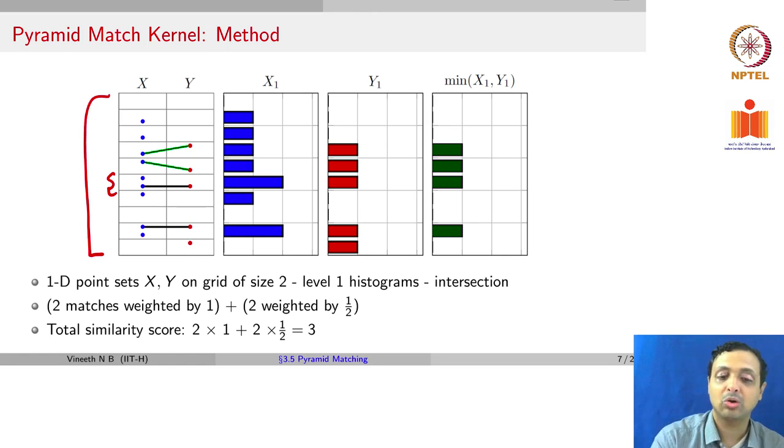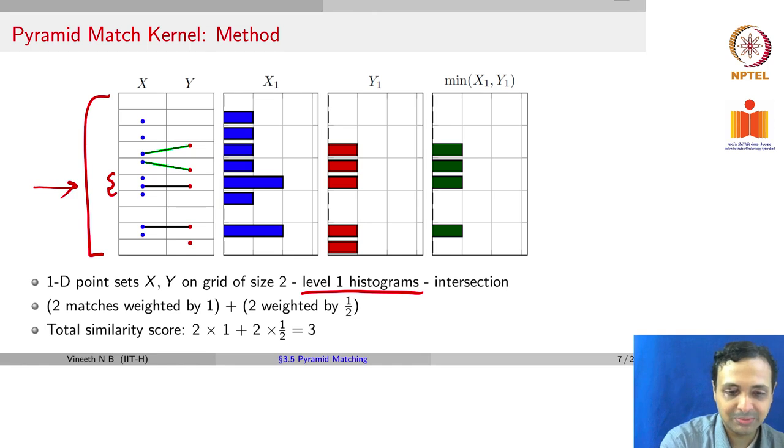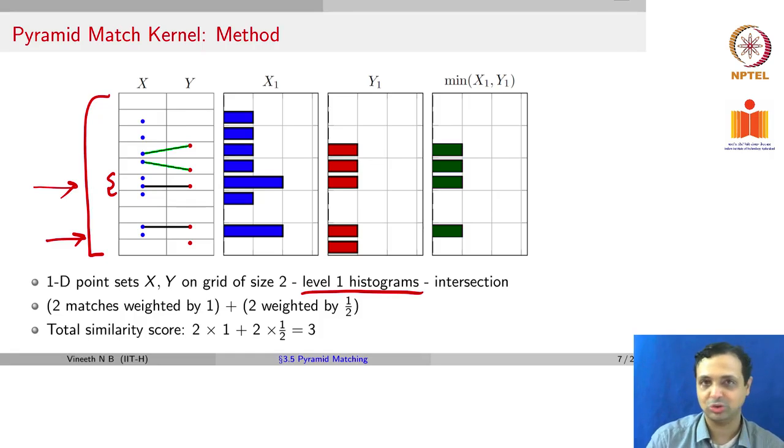So now we construct what are known as level 1 histograms, where we count the number of features in each of these merged bins in image X and image Y. You see that there are two occurrences of features in this bin. Similarly, there are two occurrences of features in this bin in image X, but image Y has just one feature still in each bin.